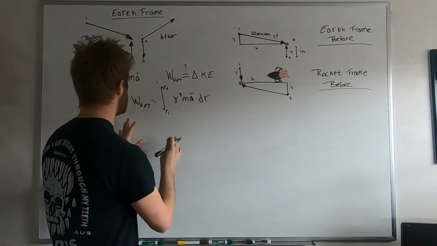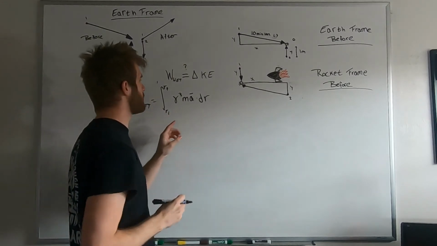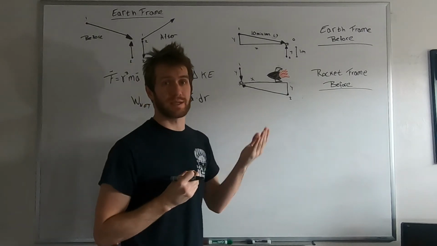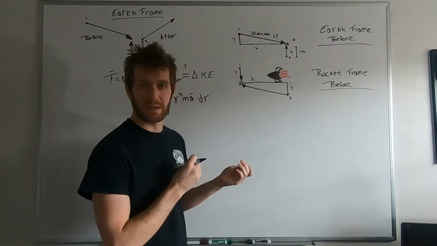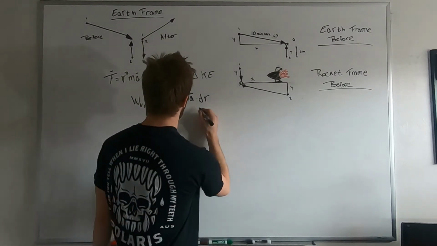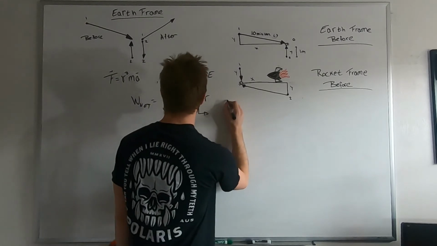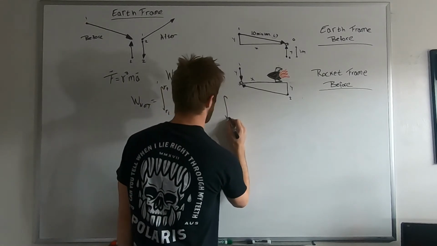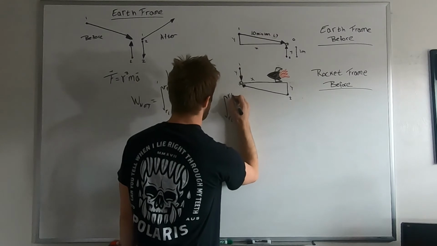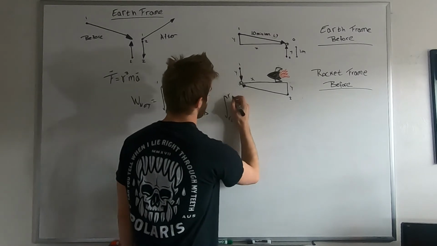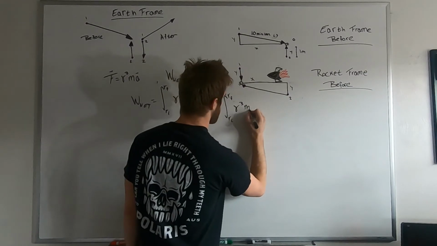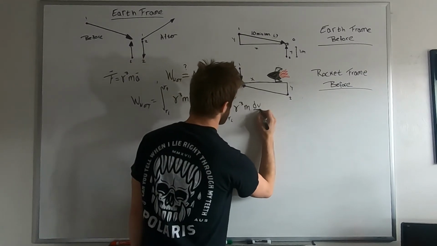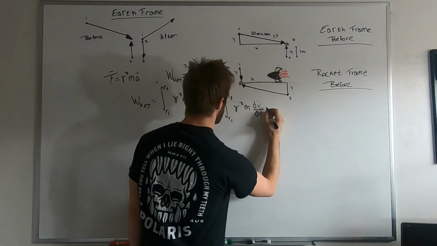So now what we need to do is realize that obviously the acceleration is just the differential in velocity, the dv over dt. So we're going to have some integral from r initial to r final times gamma cubed times m dv over dt, okay?